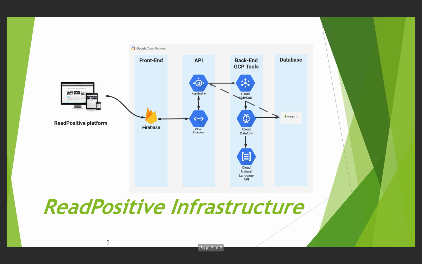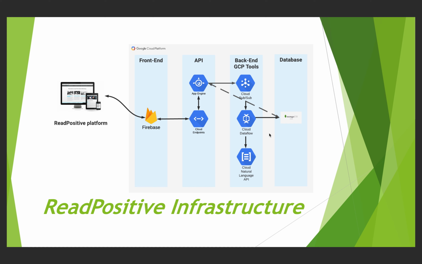So here is the slide describing the infrastructure. Our website is hosted in Firebase, which is using a serverless API that is developed thanks to App Engine and Cloud Endpoints tools inside GCP. The App Engine backend is using a data pipeline called Cloud PubSub and Cloud Dataflow in order to aggregate a news feed and put a sentiment score on it, thanks to the Cloud Natural Language API that is here.